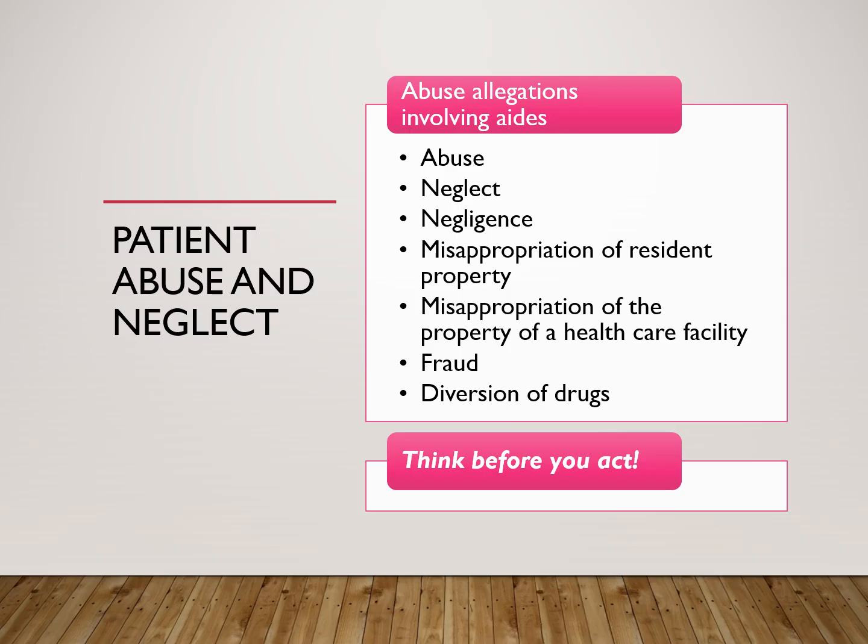The aide will have no fear of crossing the line with patients or breaking laws if the aide performs only the acts within their scope of practice, and that's what you're learning now. Keeps skills and knowledge current, keeps patient safety and well-being in mind, understands directions for care, follows agency policy, does no harm to patients or their belongings.